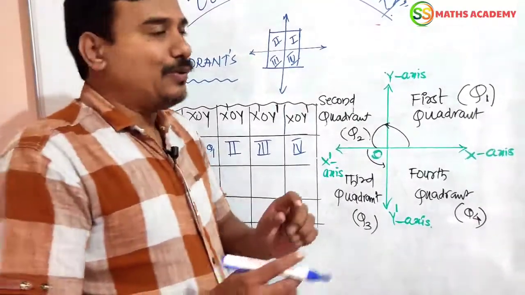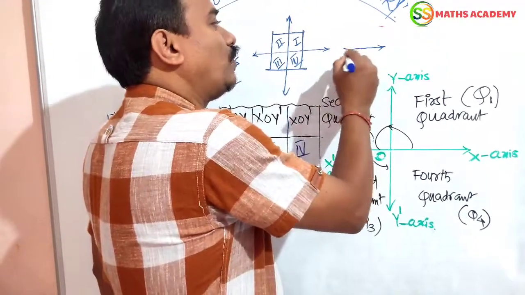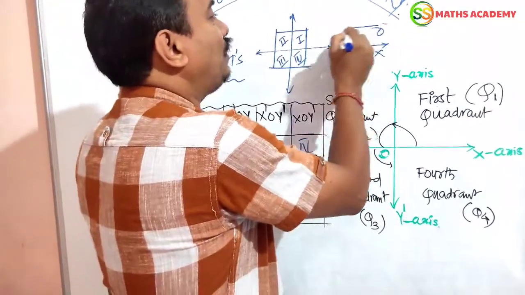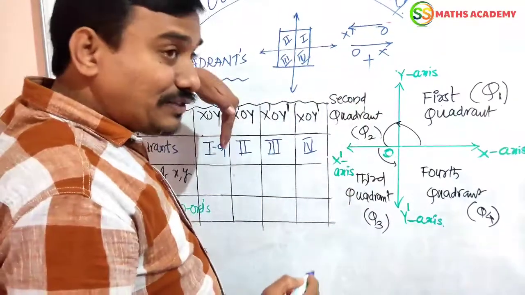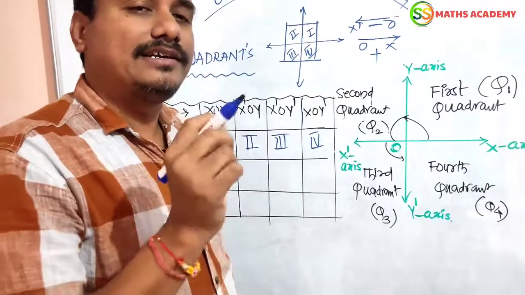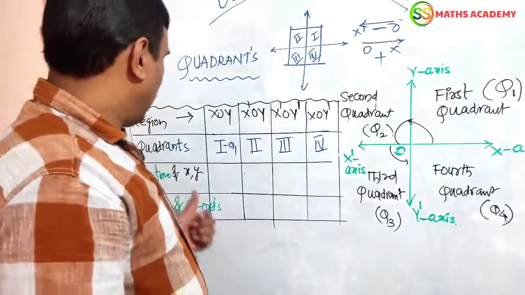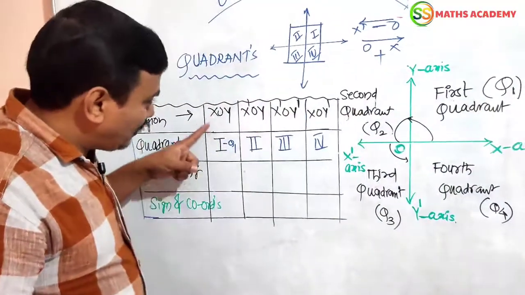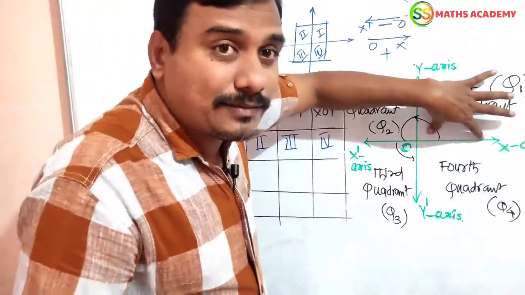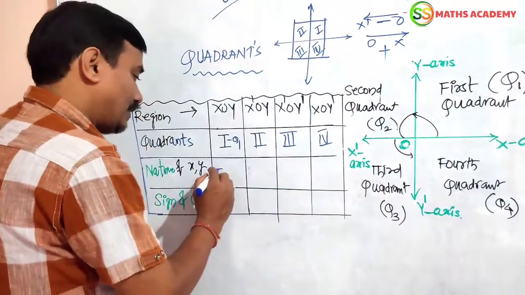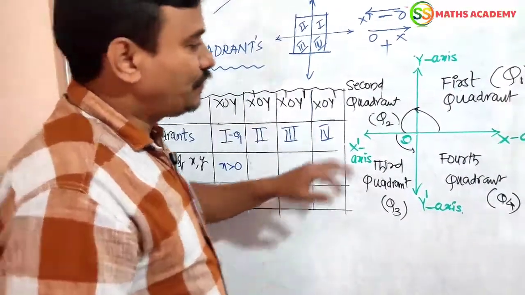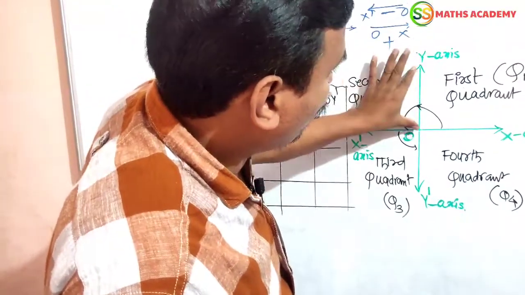Next, nature of x and y. Just I told you, the OX ray will give positive direction, right? OX' ray, left side, will give negative direction. From that we can write the nature of x and y very easily. Nature of x comma y in the first region, in the first quadrant. OX positive means x is greater than 0. Next, the y value.